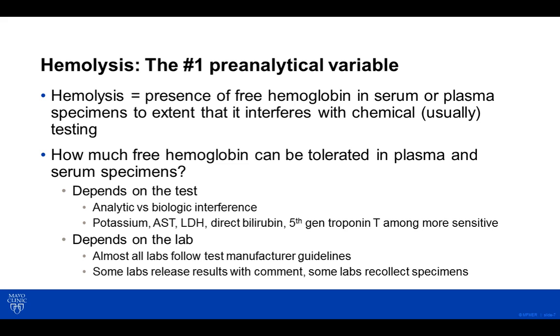So some are very strict and reject all specimens over the manufacturer's guideline for free hemoglobin. Some would have sort of an indeterminate range where if it's a little too high but not too much, they might release that result with a comment, and therefore it doesn't become an unacceptable specimen. So a lot of what we're talking about, hemolysis rates, isn't really apples to apples because the labs all have their own way of handling hemolyzed specimens.